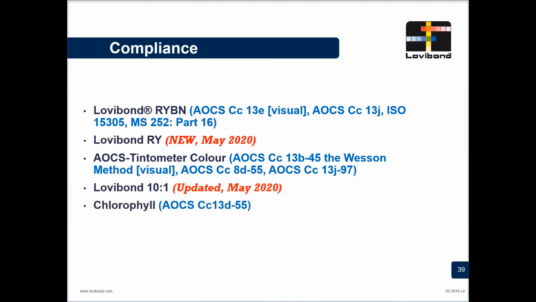Also on the instrument, we have chlorophyll, so AOCS CC13D55. And we also have beta carotene, BS684 section 2.2. So we can display one of the top 4 scales with the chlorophyll and the beta carotene if we also want those measurements as well.